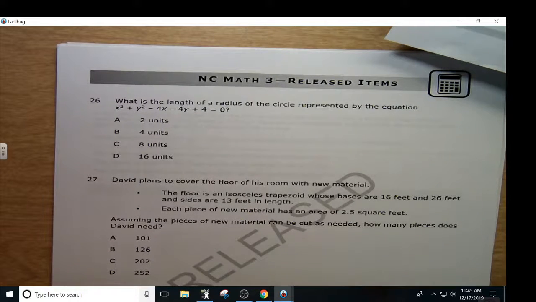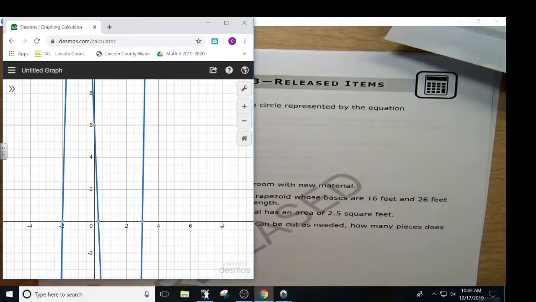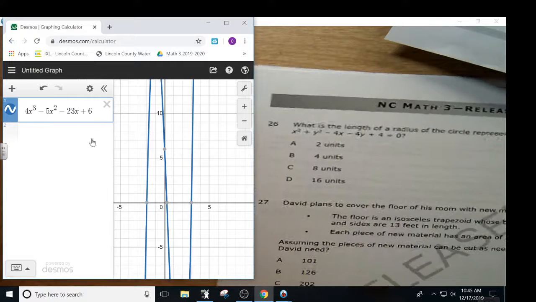What is the length of the radius of the circle represented by the equation x squared plus y squared minus 4x minus 4y plus 4? All right, now guys, let me try something real quick. If we go to Desmos and we put that in, let's see if that'll work.